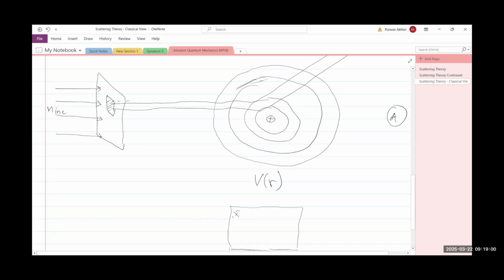The incoming beam is hitting at different locations, and so on. So what I am trying to imagine is some area, and we are looking at this area.